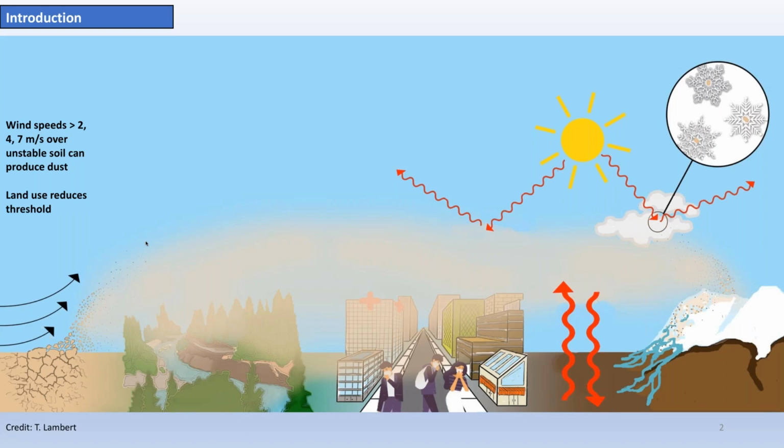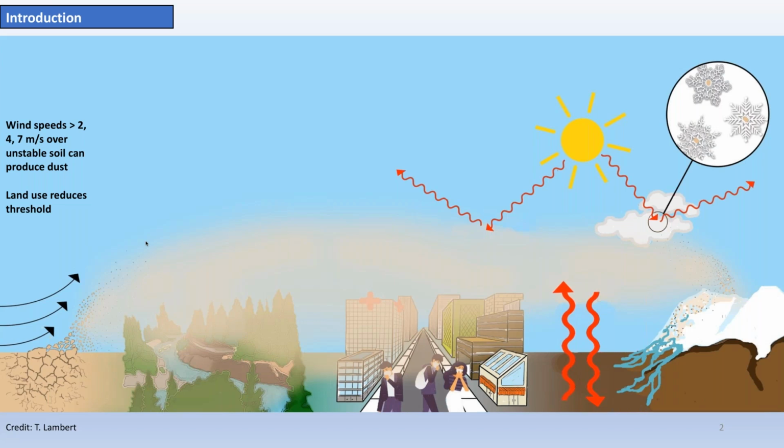This is a graphic that my wife designed that I think does a good job of showing the various roles of dust in the atmosphere. It begins with winds that exceed a certain threshold, moving over unstable soils that produce the dust emissions. These thresholds have been estimated to be around 2 or 4 or 7 meters per second, depending on the papers that you look at.